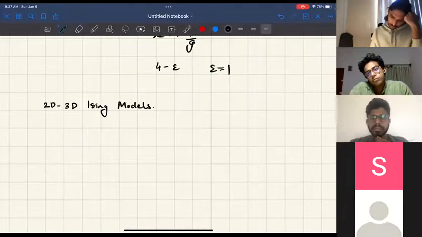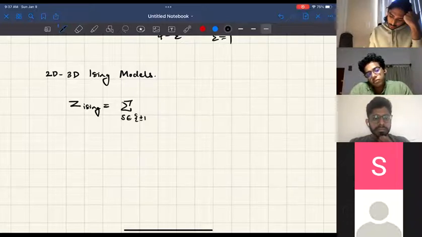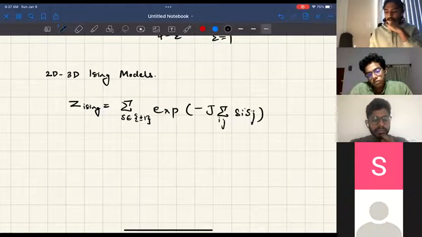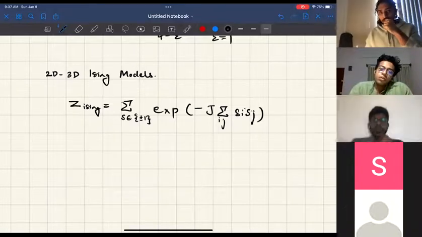I think the partition function has this form, where S can either be plus or minus 1. I'll write it down like this, where S_i, S_j are either plus or minus 1 depending on the spin.